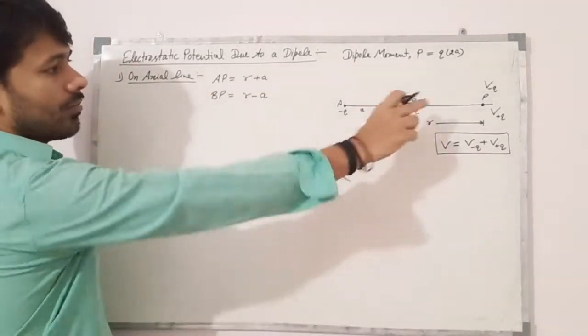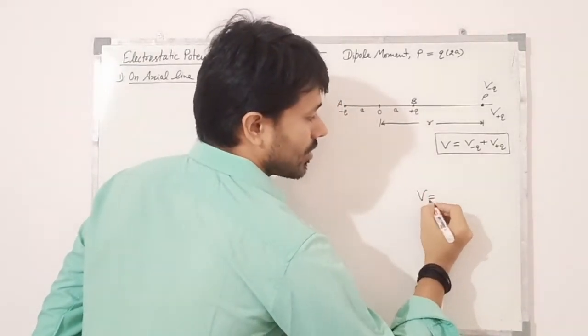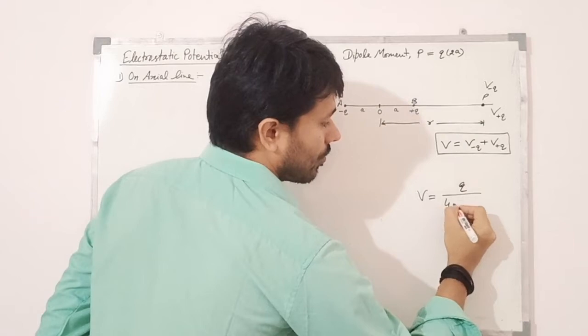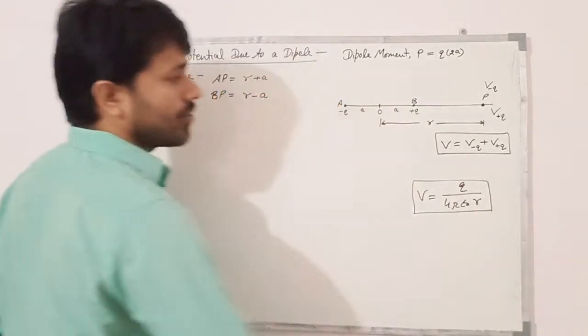Now, what is the formula for potential? Potential is equal to Q upon 4 pi epsilon naught R. This is the potential due to a point charge.